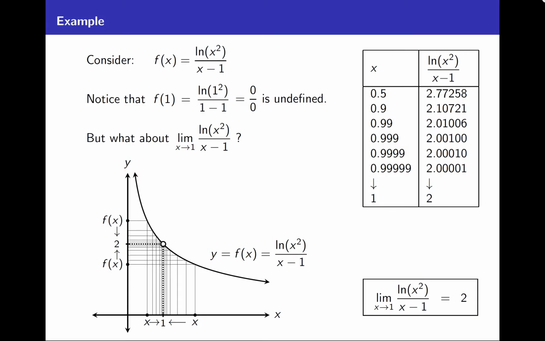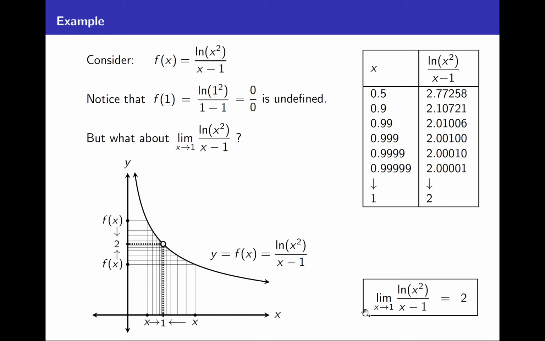The situation illustrated in this example is pretty typical for limits. We have a function f of x and a number 1 that could not be plugged into the function. 1 is kind of a bad point for this function. You try to take f of 1, it's not defined. Yet you can ask what is the limit as x approaches 1 of that function.